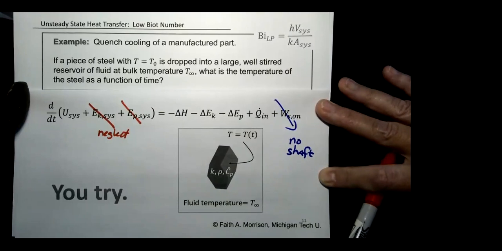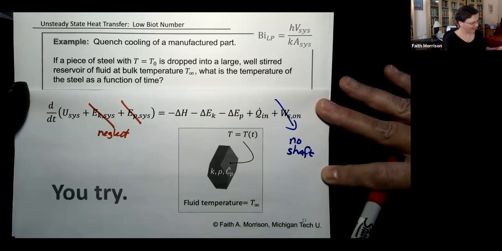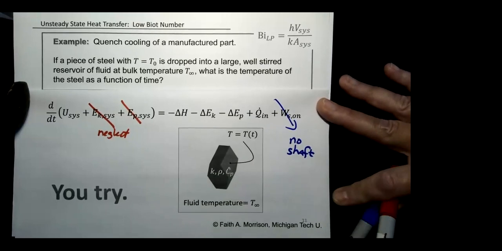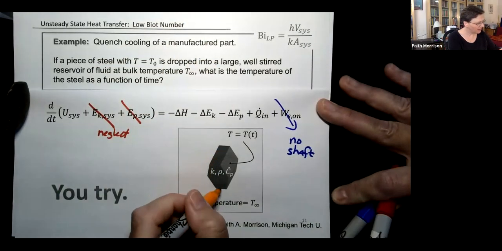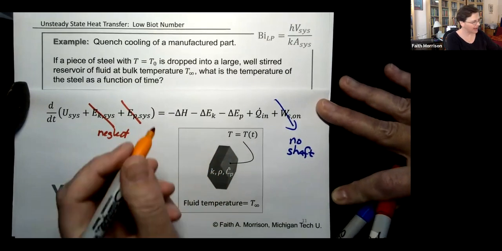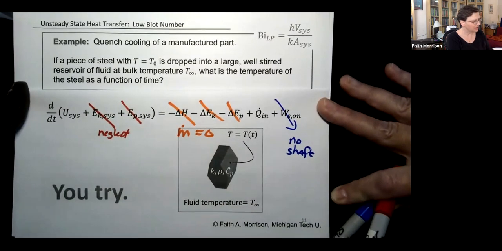So there's no pump, there's no turbine, there's no mixing bar. Okay. Can you get rid of your delta H, delta EK, and delta EP because there's no flow? Yeah. So the control volume is, the part's not emitting mass, so there's no mass flow rate, and so they go out.